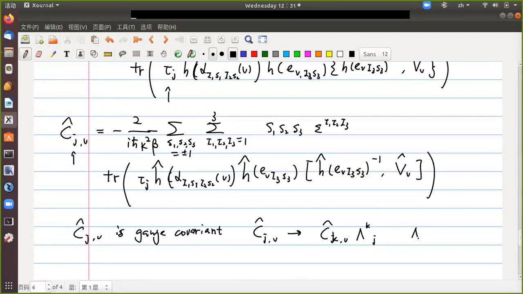And this lambda belongs to SO3. So this j is like the vector index of SO3 of the rotation. So this lambda has to be an SO3 matrix, or in one representation of SU2.